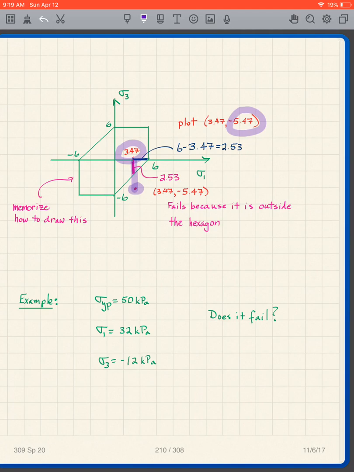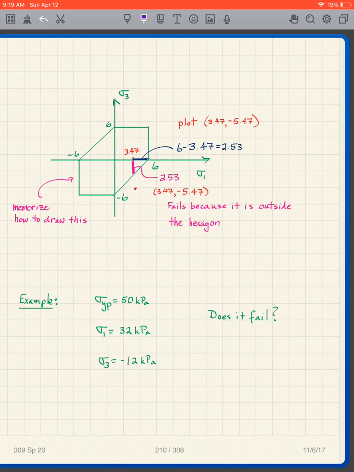I end up outside the hexagon. So it fails. It fails because it is outside the hexagon. So that's the value of this method. At every step that we worked this problem, it seemed like it would not fail, but indeed this one actually does fail because it falls outside the hexagon.